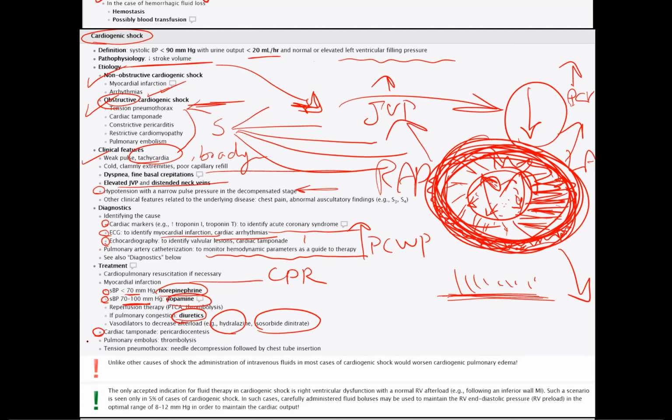If we have cardiac tamponade, we can do pericardiocentesis in the subxiphoid approach. Pulmonary embolus, if non-massive, anticoagulation is used with low molecular weight heparin followed by warfarin. If massive pulmonary embolism, we can use thrombolysis versus embolectomy.